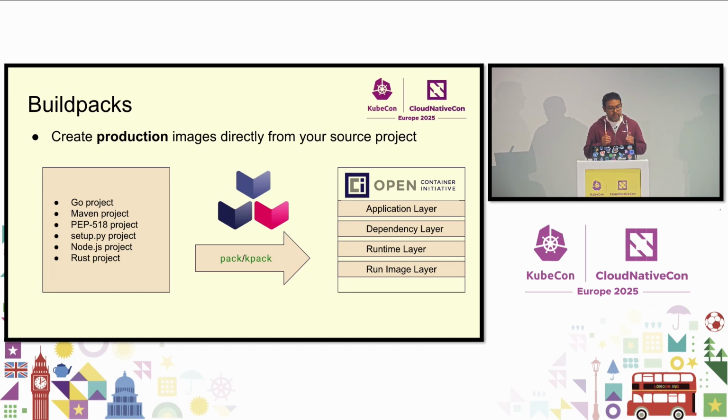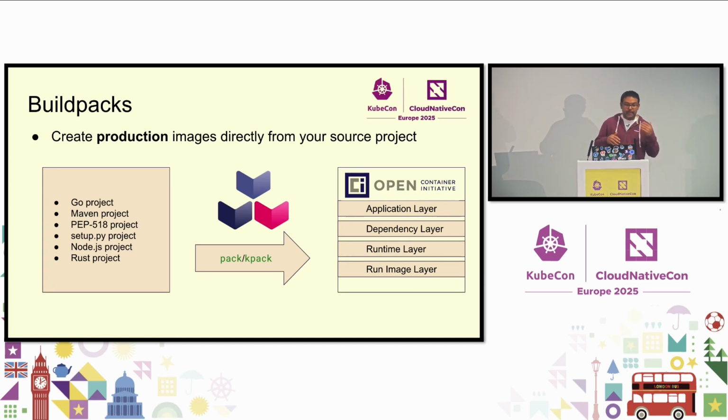It will start with the run image layer, containing the operating system that you need for your application to be executed, followed by the runtime layer for your programming language. For example, if you are running a Java application, maybe the JDK will be in that layer.